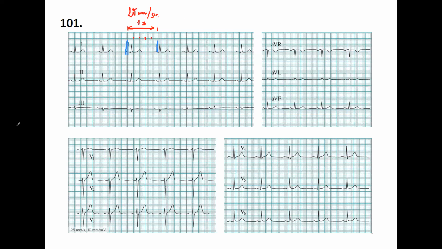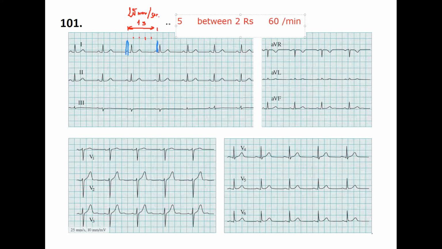So if I do have exactly five squares between 2 QRS complexes, it means that the rate is exactly 60 beats per minute. Okay.